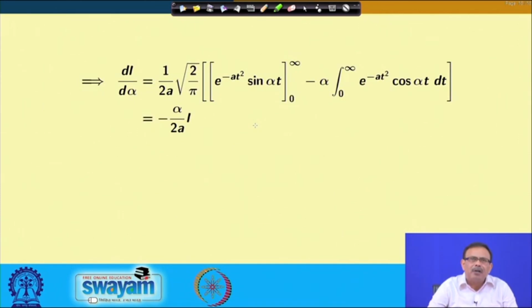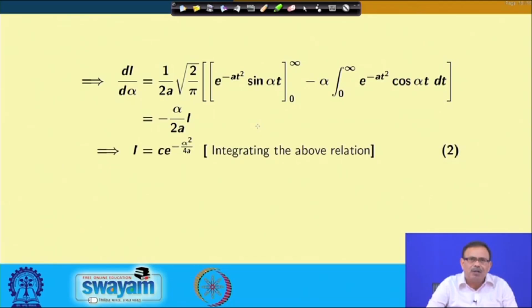The first part will be 0 and the second part is nothing but I. So you obtain dI by d alpha equals minus alpha by twice a into I. Integrating on both sides, I obtain I equals some arbitrary constant c into e power this thing, and I have to find the value of c now.